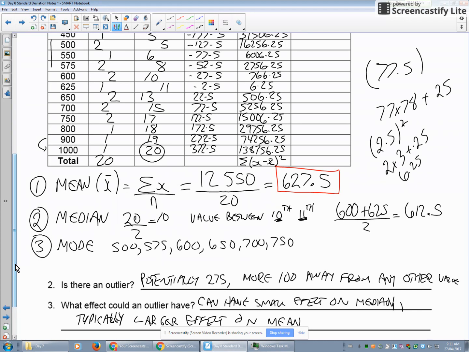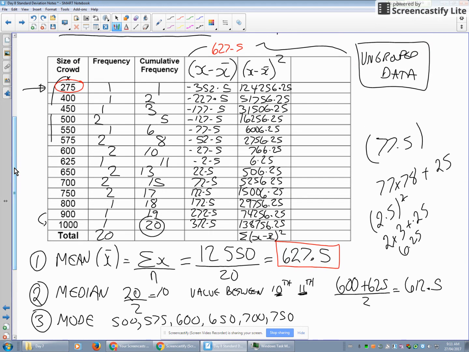Well, the reality is some of them are quite easy. We just have one of these, one of these, one of these, but we have two of these.